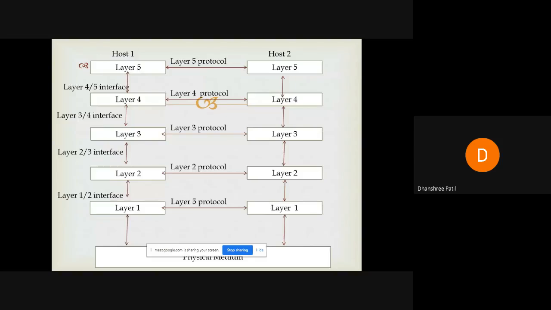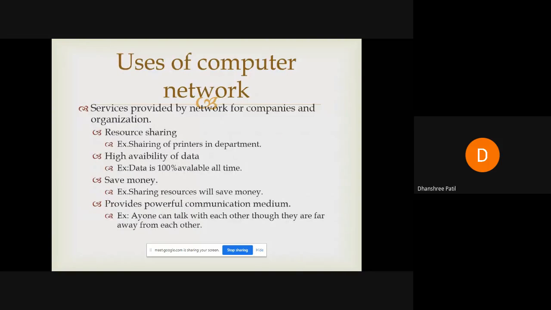So you are experiencing a lot of uses of the computer network in your day-to-day life. I have listed some of them here. First is resource sharing. For example, one printer is shared in the whole department, which is possible by using the computer network.